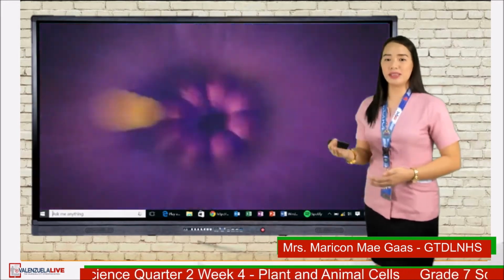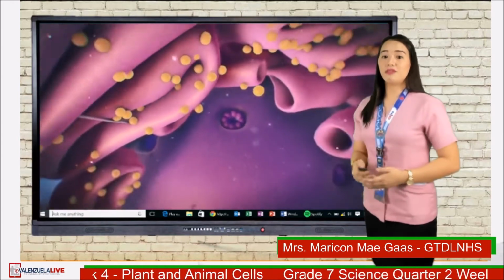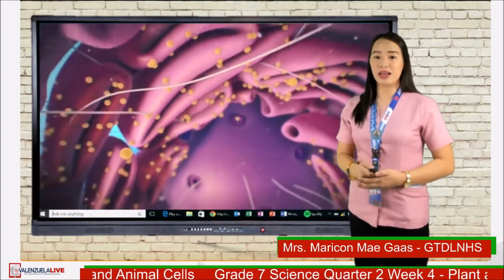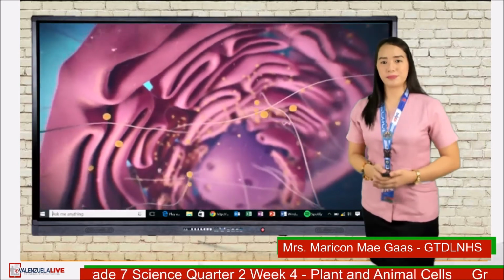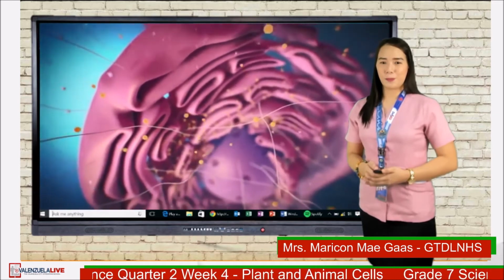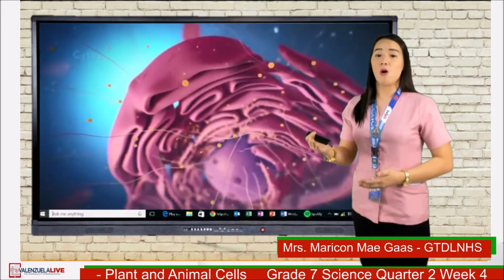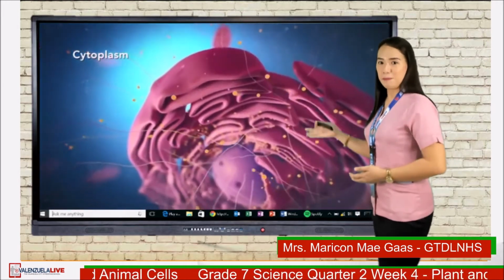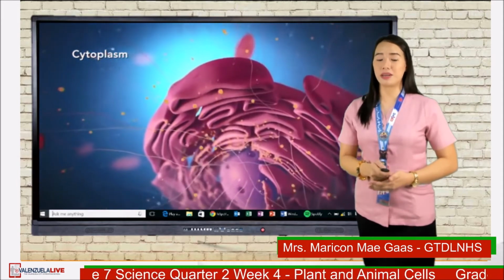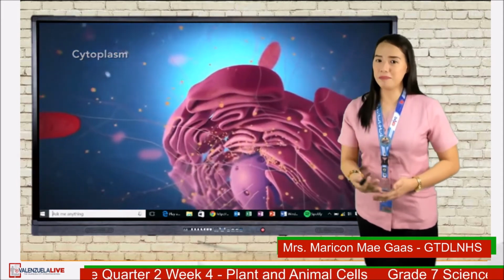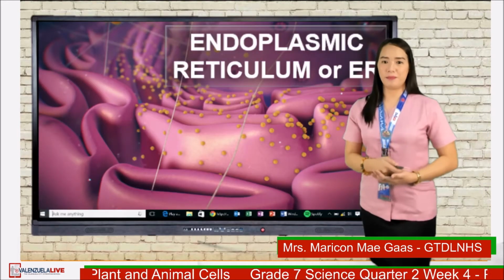Outside the nucleus, the ribosomes and the rest of the organelles float around the cytoplasm, which is the jelly-like substance. Ribosomes may wander freely within the cytoplasm or be attached to the endoplasmic reticulum, sometimes abbreviated as ER.